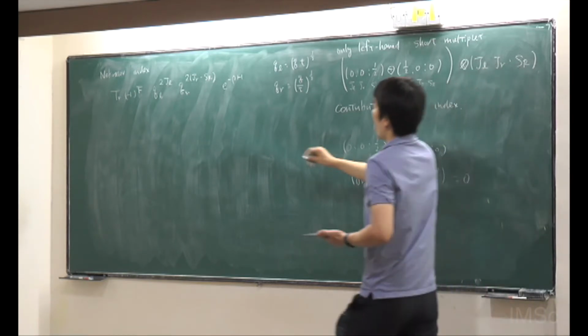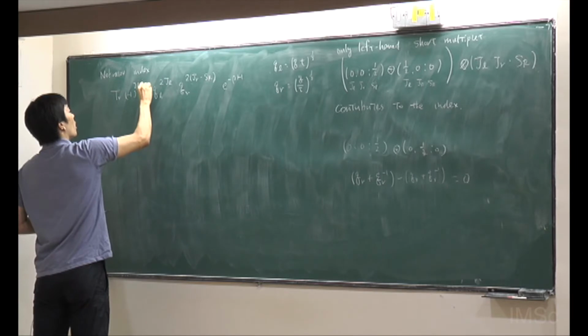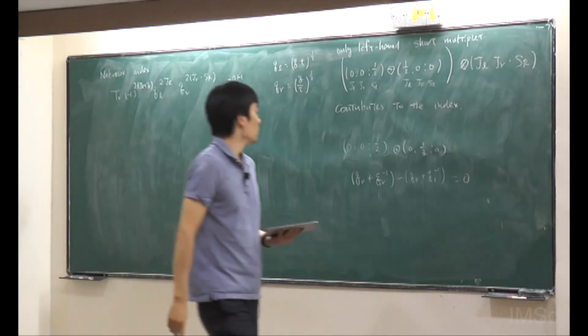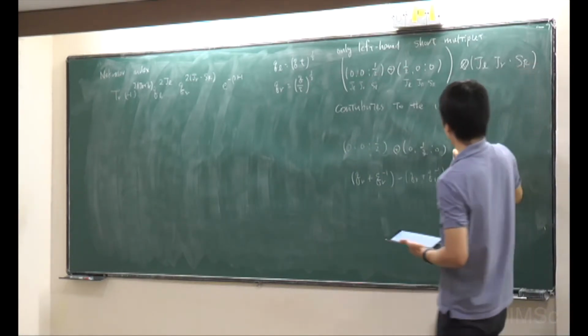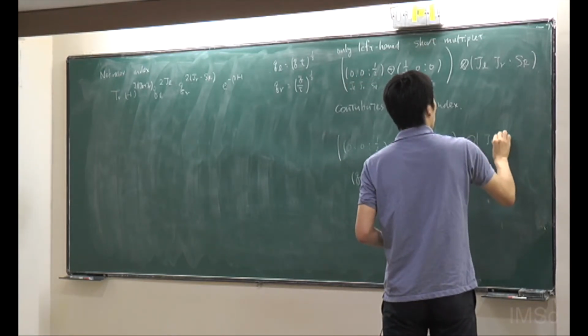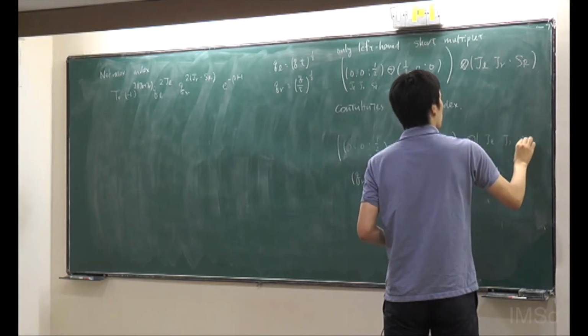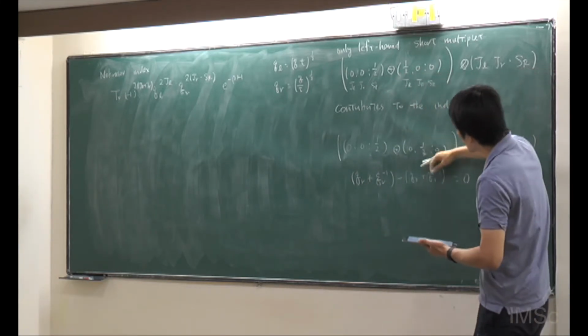So F is 2 times JL plus JR, small r. Therefore the right-handed multiplet does not contribute, even though you multiply. The right-handed short multiplet is this one, JL, JR, and SR, and the long multiplet is this times this one.